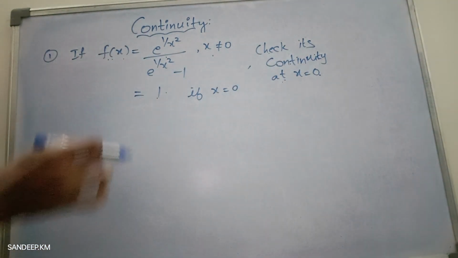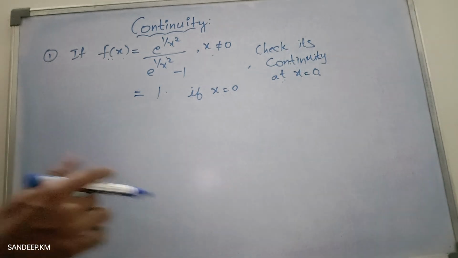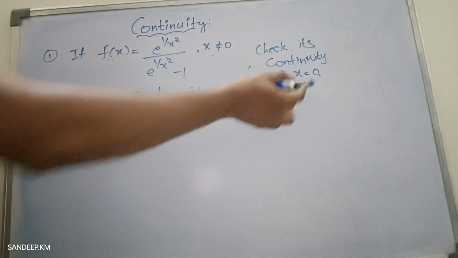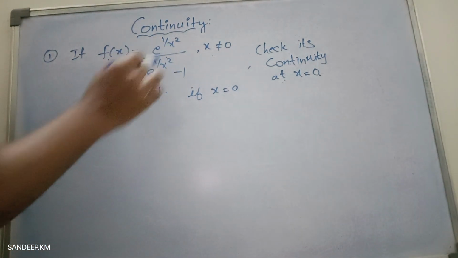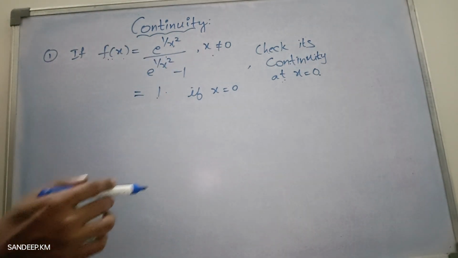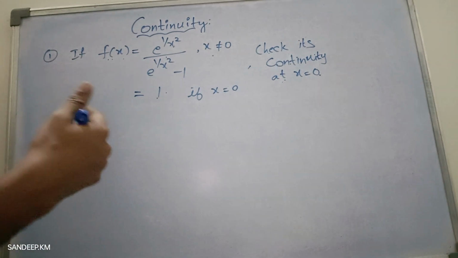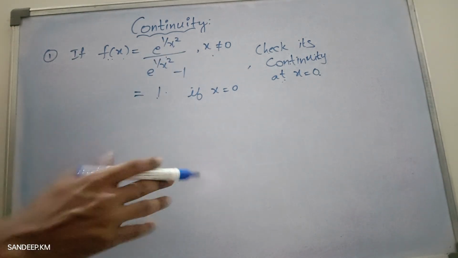Okay na? In this particular question, there is no need of finding LHL and RHL separately, because when x is approaching 0 from the left side, x is a negative number. But because of the presence of x square, okay na, when x is approaching 0 from the left side or x is approaching 0 from the right side, x square will be approaching 0 only from the right side.